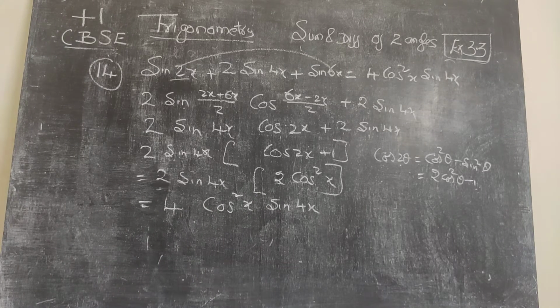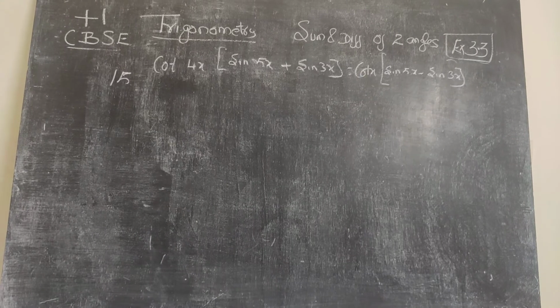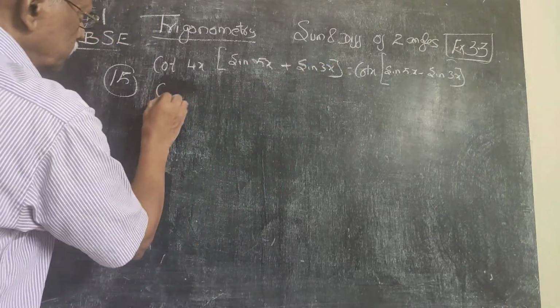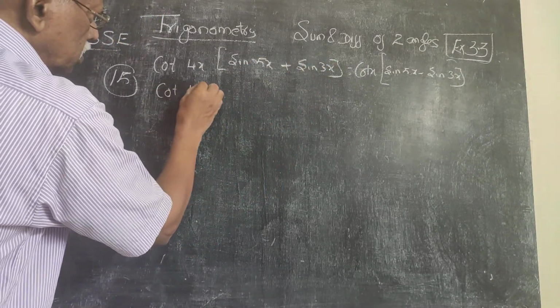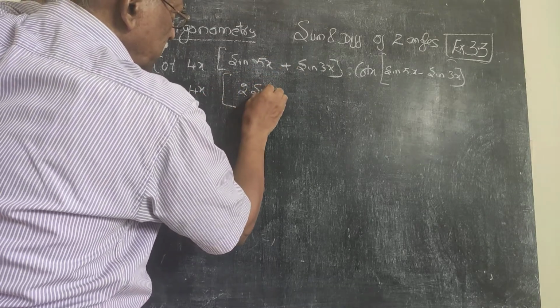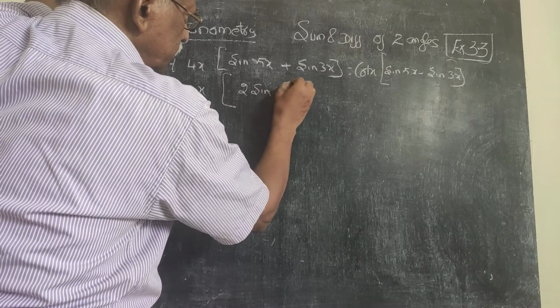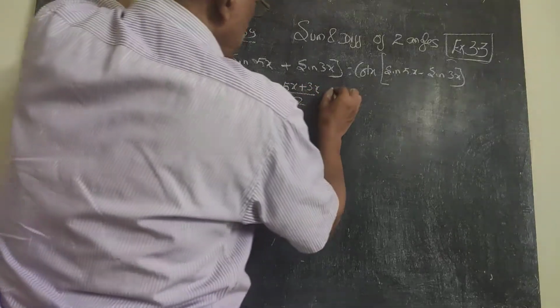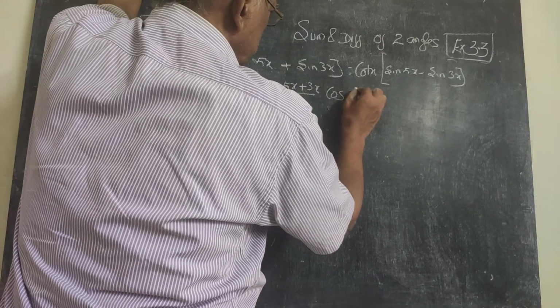Let me go to the last problem for the day. Cot 4x into something. This is sin c plus sin d. So, sin c plus sin d is 2 sin c plus d by 2 and cos c minus d by 2.